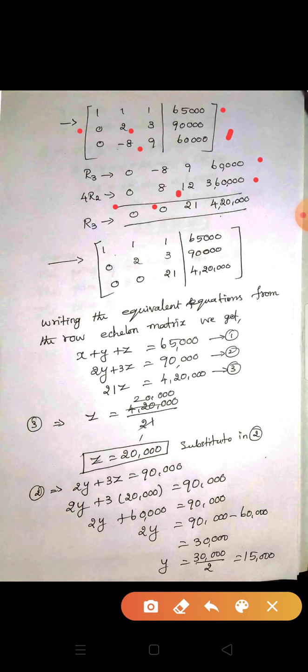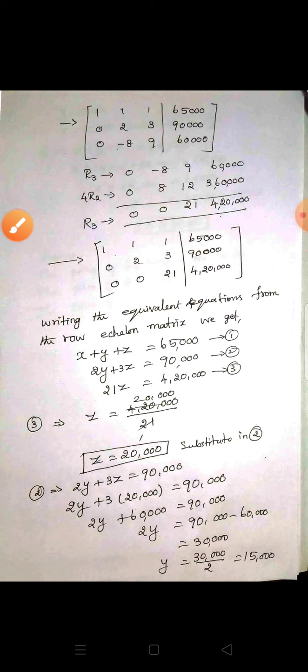Adding these two rows: 0 plus 0 is 0, minus 8 plus 8 is 0, 9 plus 12 is 21, 60,000 plus 3 lakh 60,000 is equal to 4 lakh 20,000. This goes to R3, third row. So the third row is 0, 0, 21, 4 lakh 20,000.